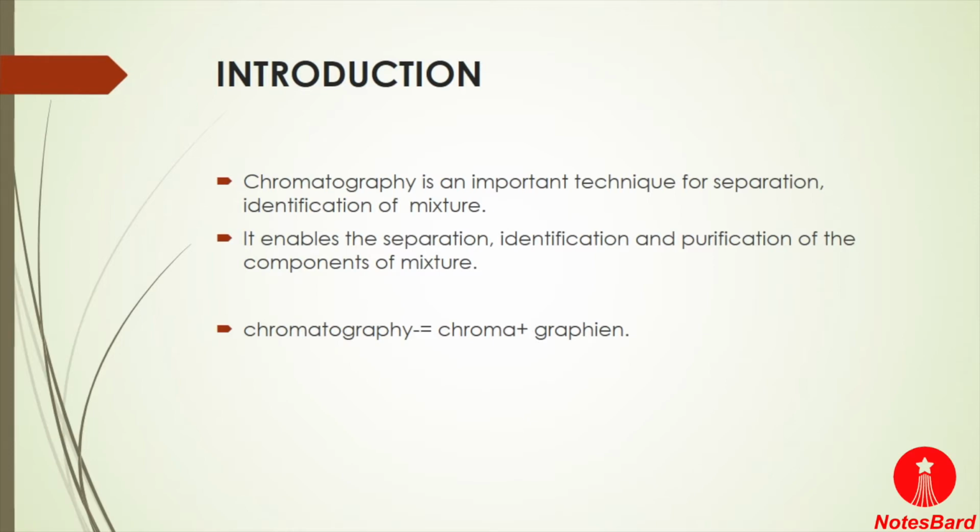This combination of words was used for the technique invented for the separation of pigments. Initially this method was used for separating pigments from a mixture of different pigments, but nowadays it is also used for the purification and identification of components from a mixture.